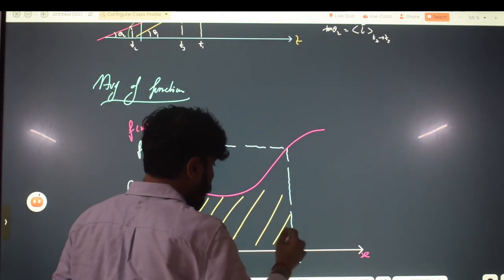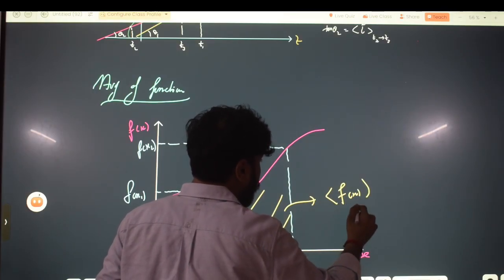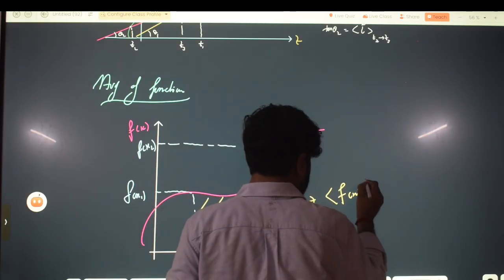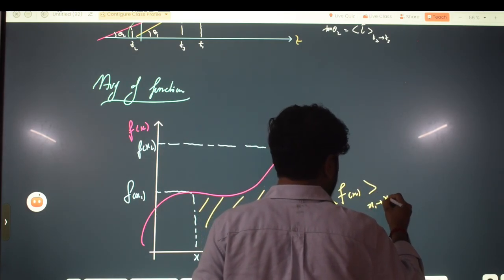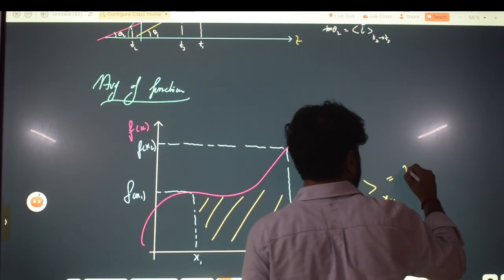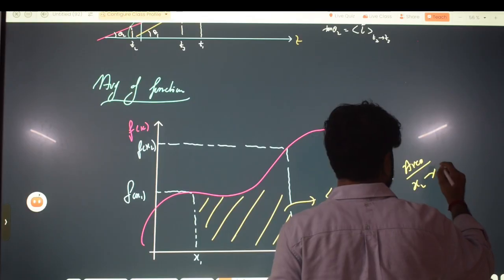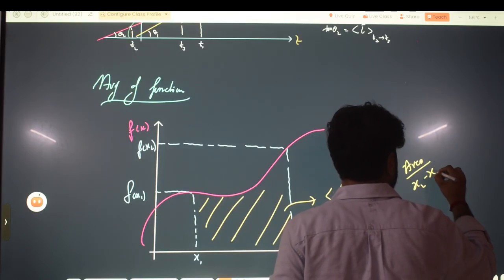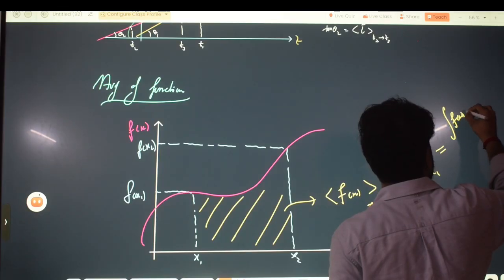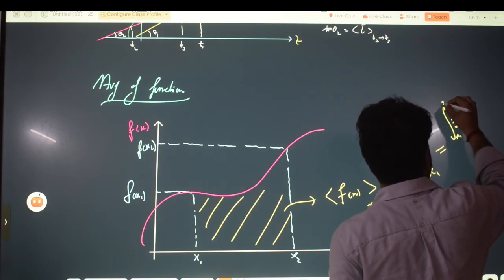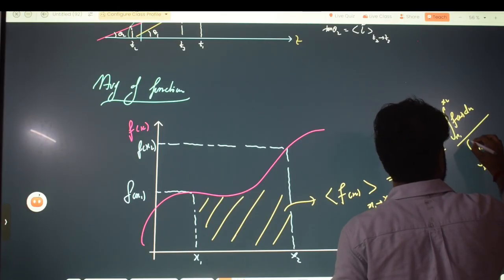So what do you actually do on finding the average of a function between x1 and x2? You calculate the area and divide by the difference between the points where you are finding the average. And how do you find the area? That is just the integration of the function from x1 to x2 over the integration of dx from x1 to x2.